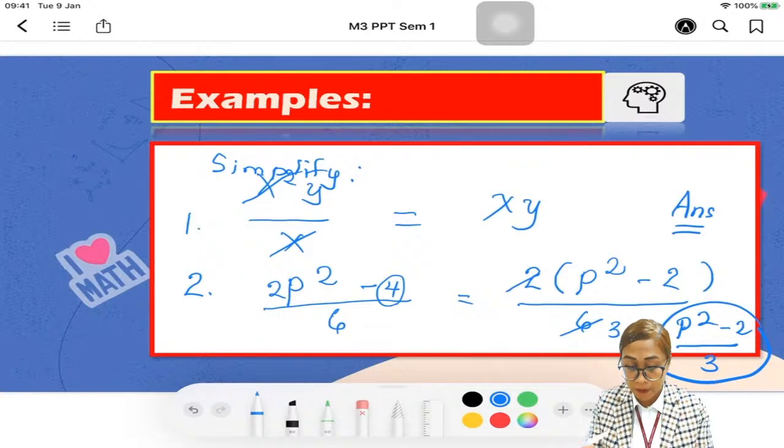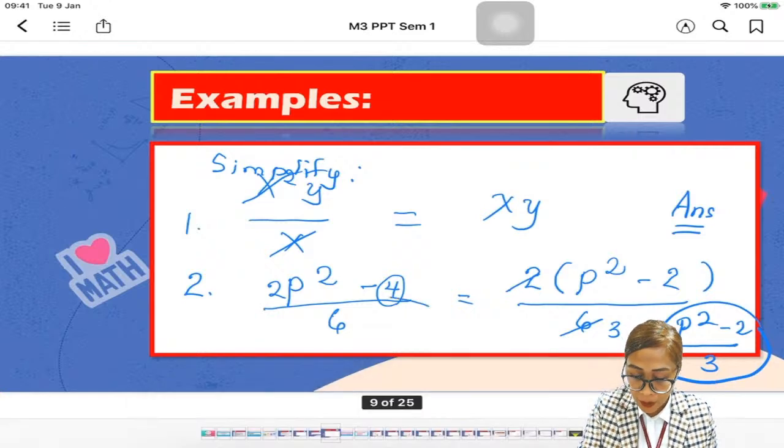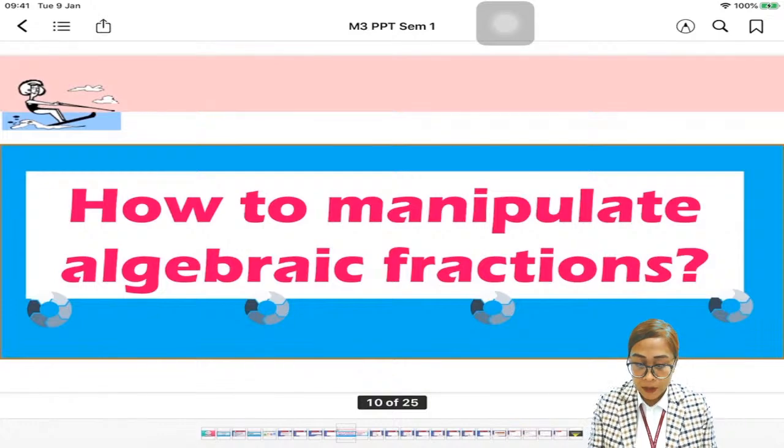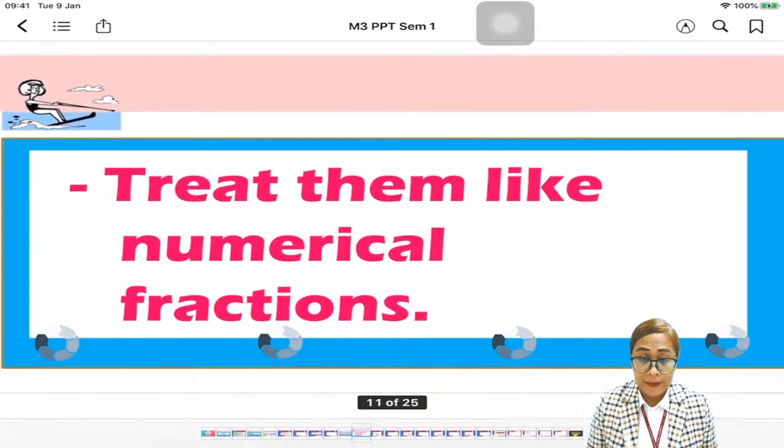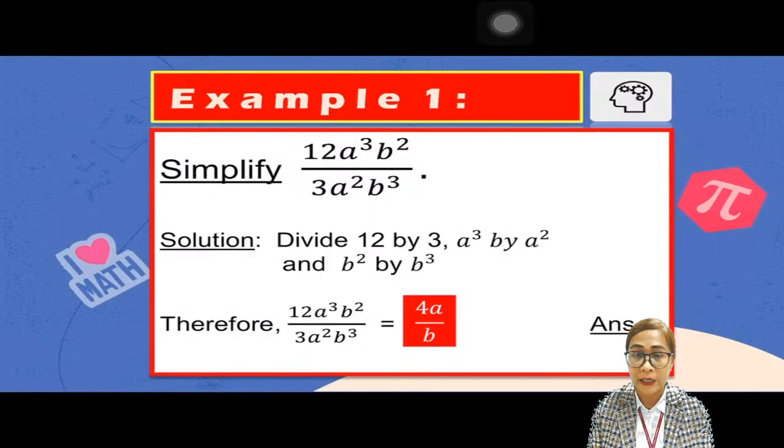Don't worry about this, we'll have more examples. How are we going to manipulate? Example 1: how do we simplify 12a cubed b squared over 3a squared b cubed? The first step is easy.